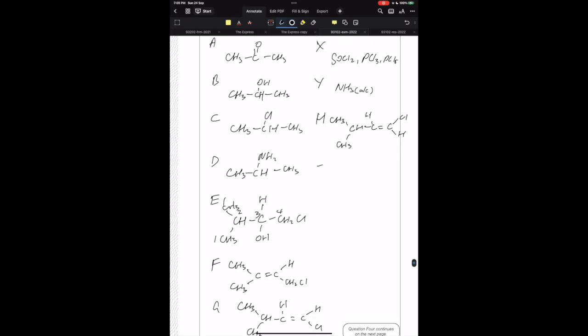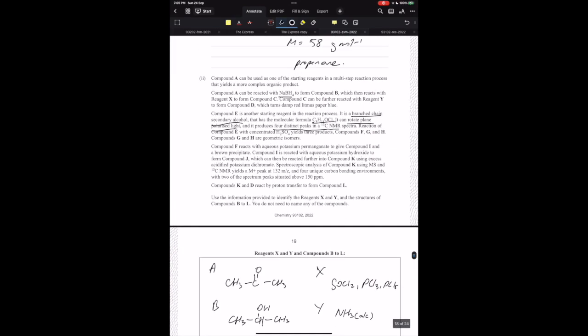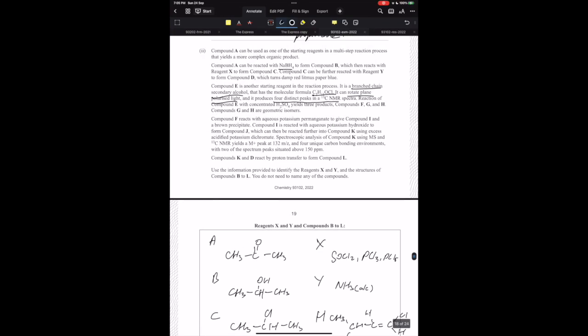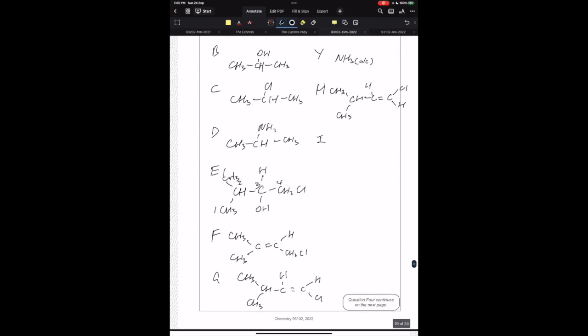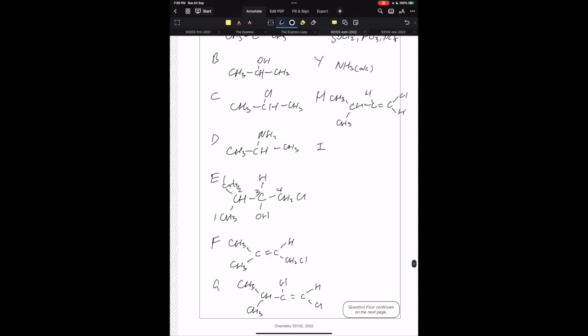Okay, now we move on to compound I. Compound F reacts with aqueous potassium permanganate to give compound I and a brown precipitate. So aqueous potassium permanganate with a double bond. This is a characteristic addition reaction where you've oxidized the double bond and produced a diol. So what we've done with the reaction is this double bond is replaced, and 2 OH groups would be sticking out from here.